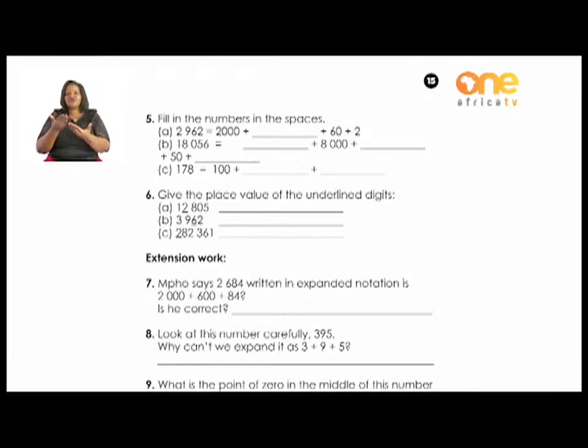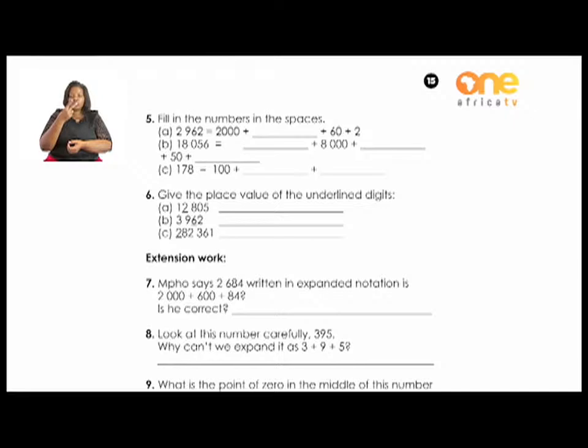Number 6 is for you to give the place value of the underlined digit. A to C: you can see in A, 2 is underlined. In B, we have 6, and in C, we have 2.